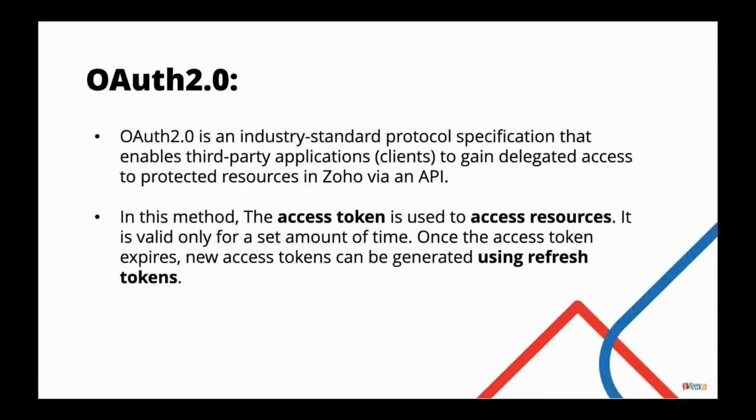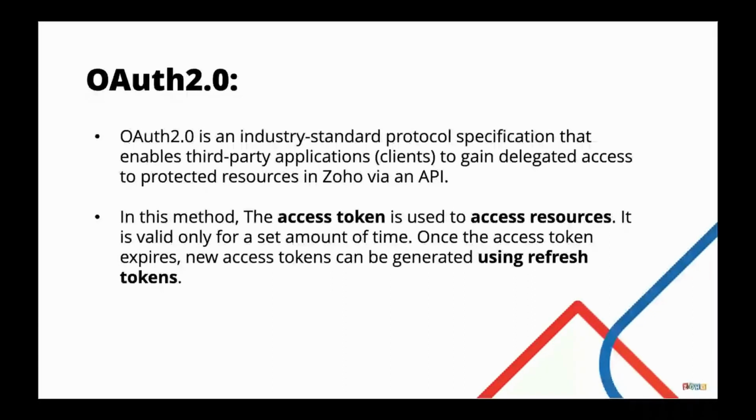During the authentication process, you'll be using an access token to create the API request. In the V1 version, we saw the auth token and API key passed to create the API request so that the server can validate the request. However, in the V2 version, during the OAuth process, you'll use an access token to validate the API request.